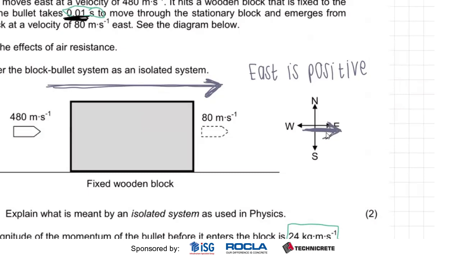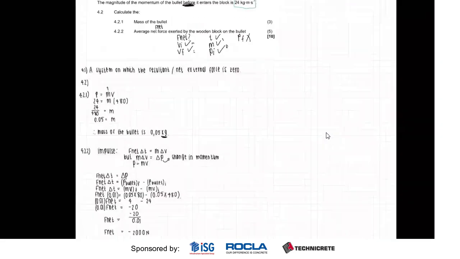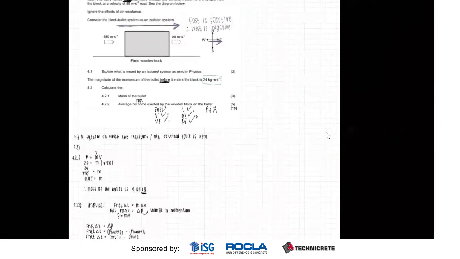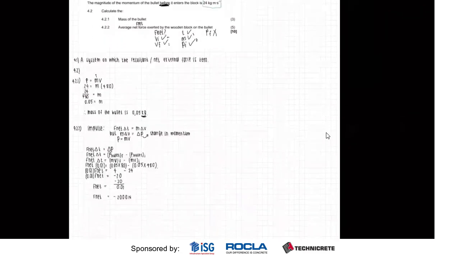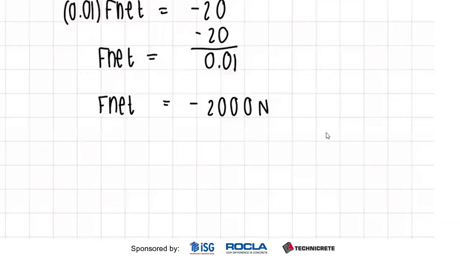So if our net force is acting negatively, then the opposite of east is west. So west must be negative. So if the net force is acting against the direction that everything else was going, which was east, then the net force must be acting west.